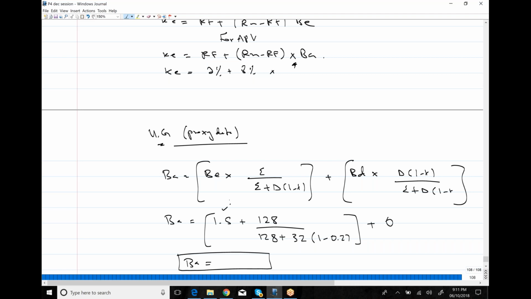And I even told you the reason behind this. Beta equity is a 2 risk beta, representing business risk and financial risk, while beta asset is a 1 risk beta, only representing business risk. So beta equity will always be greater than beta asset. My beta asset must be less than 1.5.